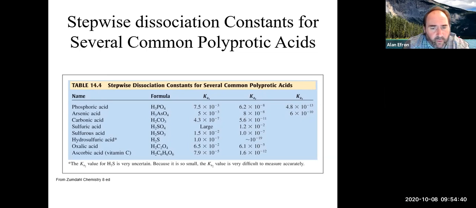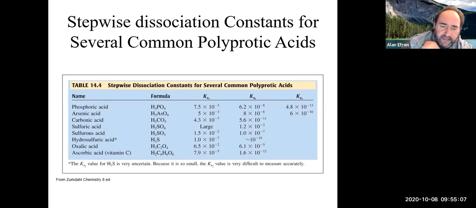And when they do lose an H plus, as we talked about a little bit when we were talking about Bronsted-Lowry acids and bases, the H pluses come off basically one at a time. That's why when we talk about acid-conjugate base pairs or base-conjugate acid pairs, the only difference there is really one H plus. So it does just come off one at a time.